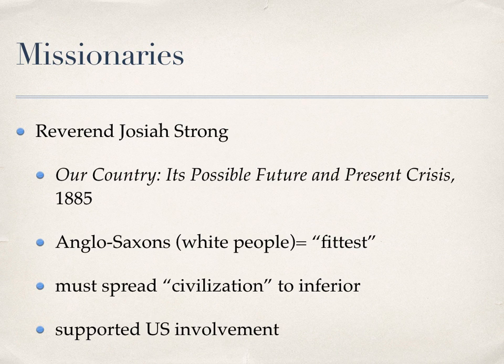So probably the most influential missionary in terms of publishing or pushing an imperialist agenda was a man by the name of Reverend Josiah Strong. And Strong wrote a book in 1885 titled Our Country, Its Possible Future and Present Crisis. And in the book, he explains that people of Anglo-Saxon descent were, quote, the fittest to survive.